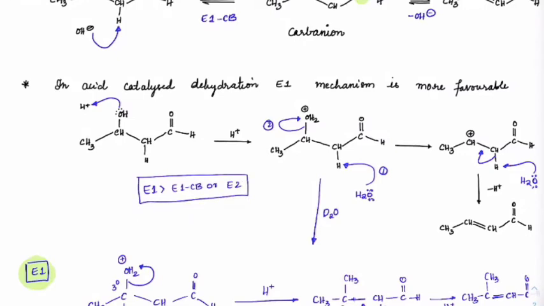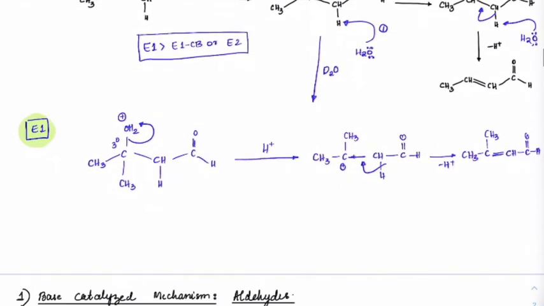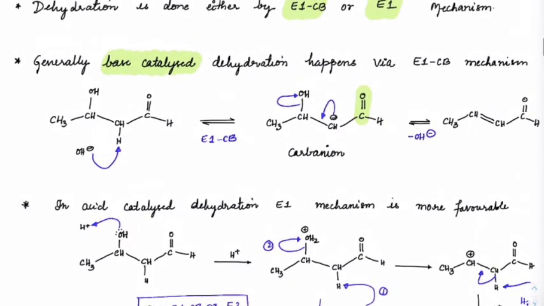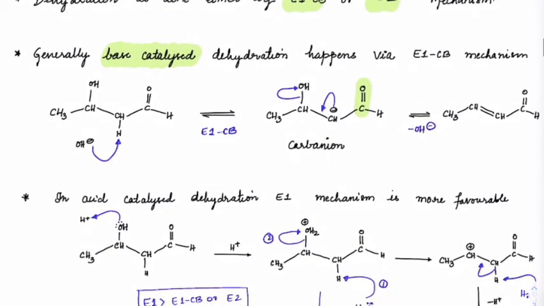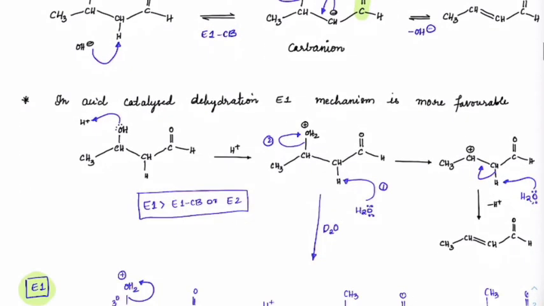But here we can definitely say it is only happening by E1 mechanism. This is again based on experimental data only. I hope you understood the dehydration step, how it is happening. In base catalysis, it is pretty much sure that it is E1CB only. But in acid catalysis, it could be a mixture of all of them, unless it is a tertiary alcohol, which will definitely go for E1 mechanism only.